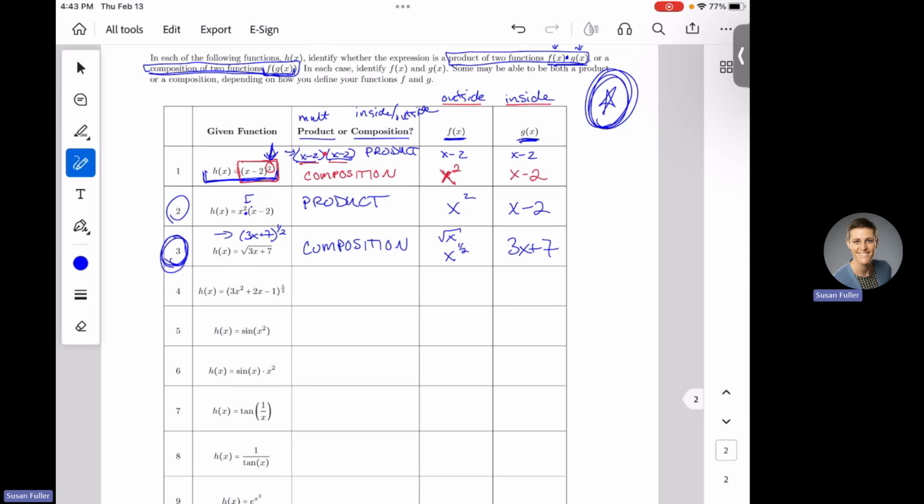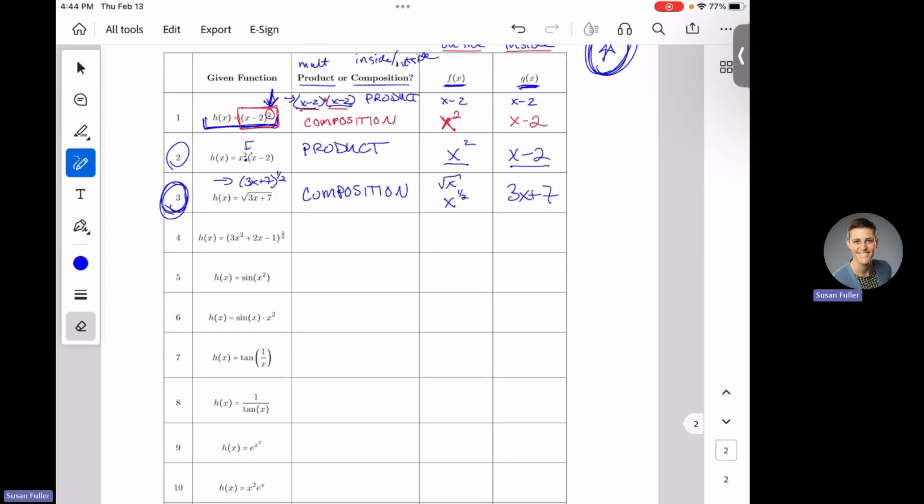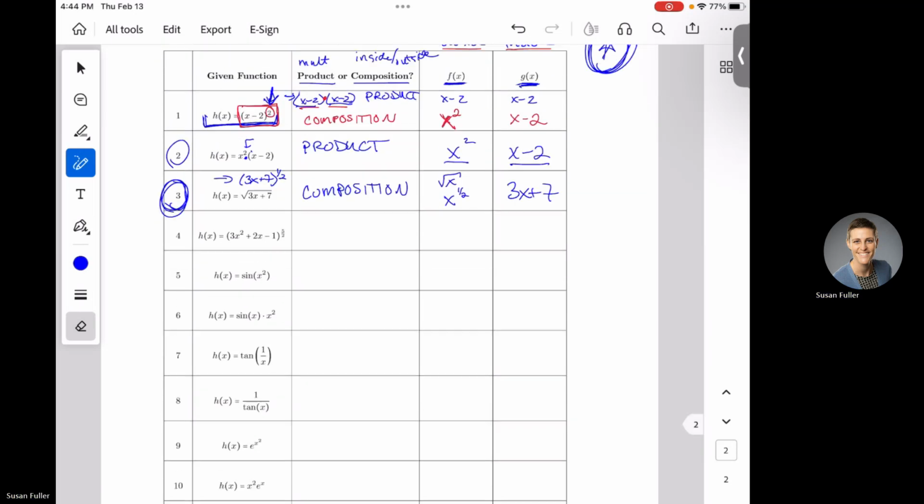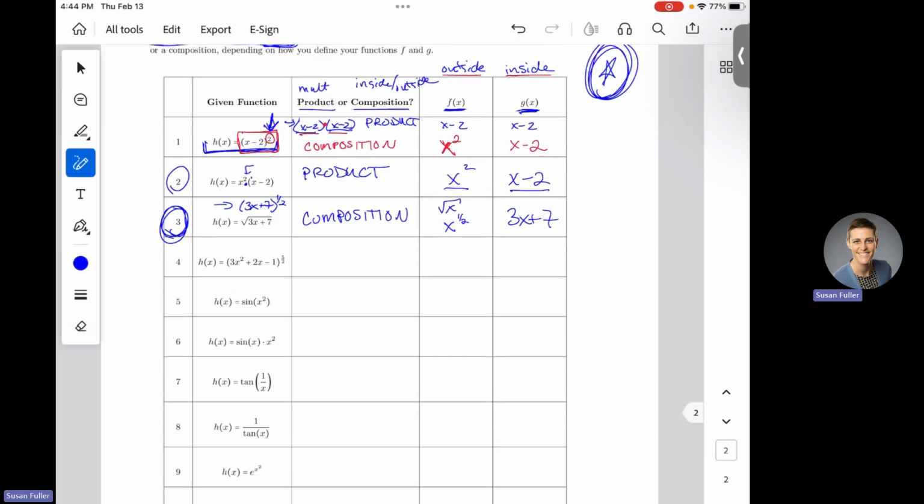If you have a function inside something else, that's composition. And if it's a product, f of x is your first and g of x is your second function being multiplied. If you have a composition, f of x is your outside function and g of x is your inside function. So I want you to go through and finish this table and start to get your brain into product-or-composition mode.